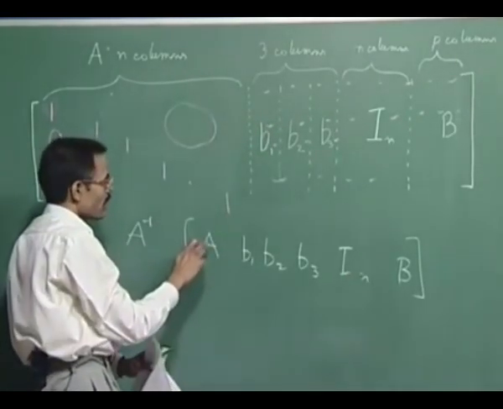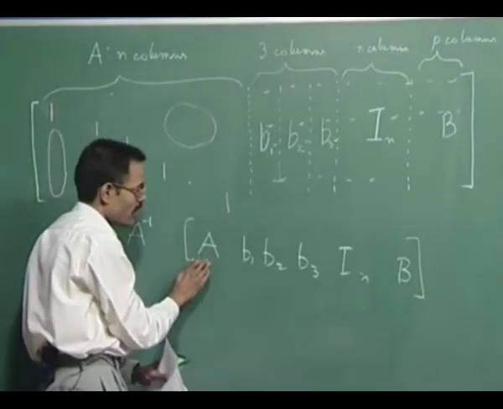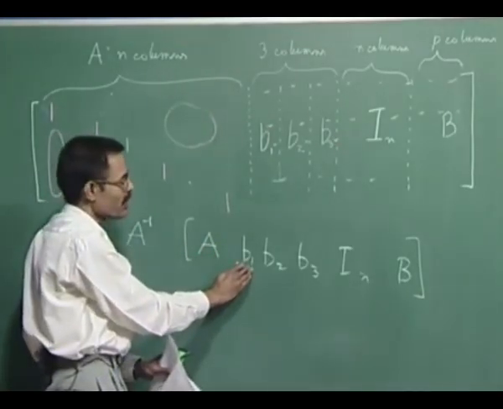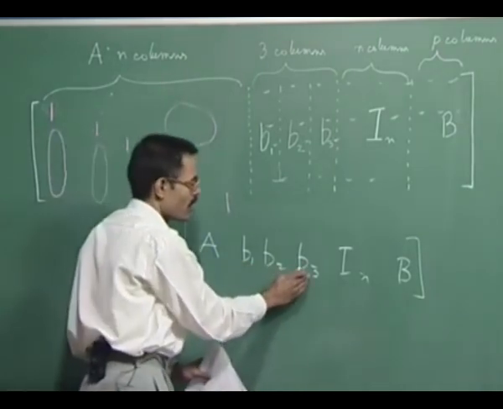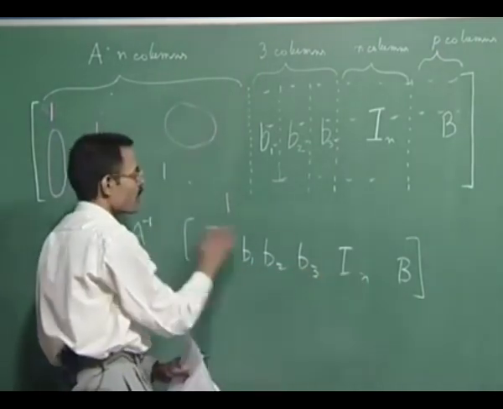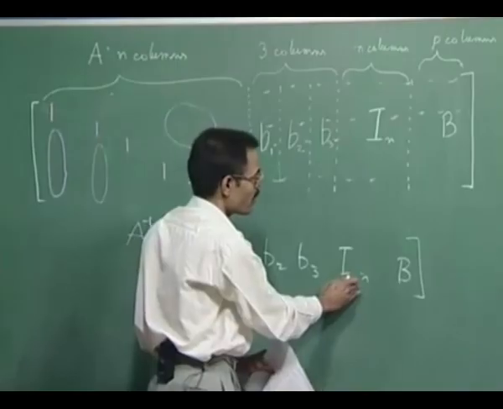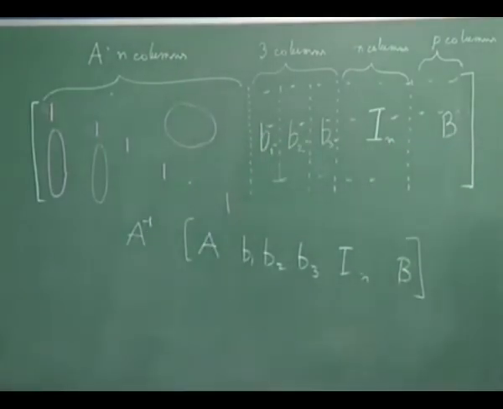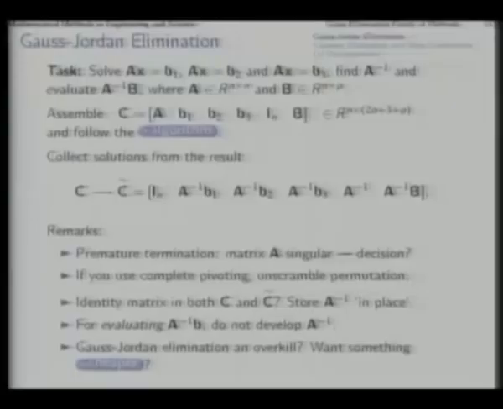By the time we have got identity here, this will be A inverse B1, that is the solution of Ax equal to B1, similarly this, and this will be A inverse into identity, which means A inverse, and this will be A inverse into B.